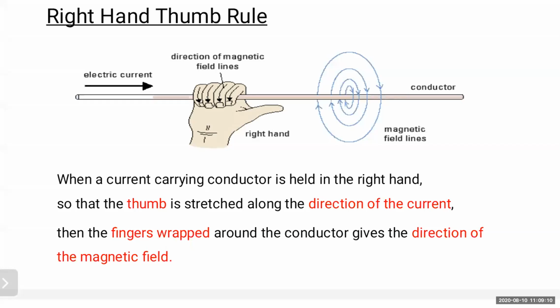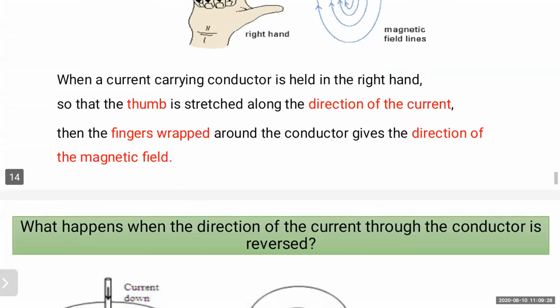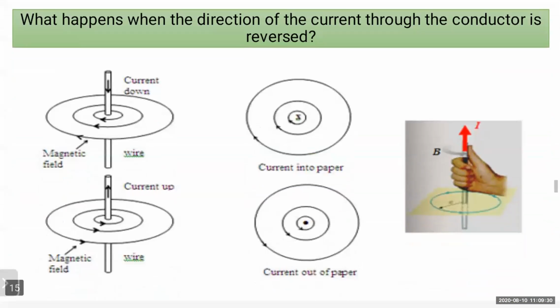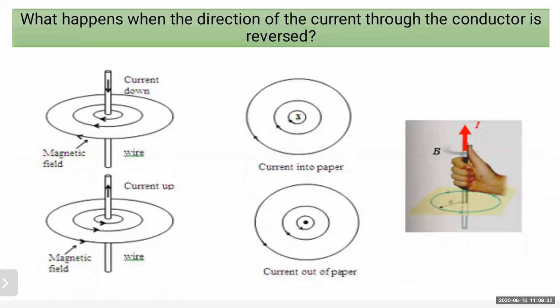Now, this is when the conductor is in a straight position. What will happen when the conductor is in a circular manner, or in a circular loop? Let us see in the next slide. First, what happens when the direction of the current flows through the conductor in reverse?